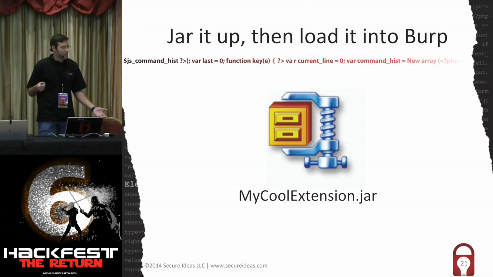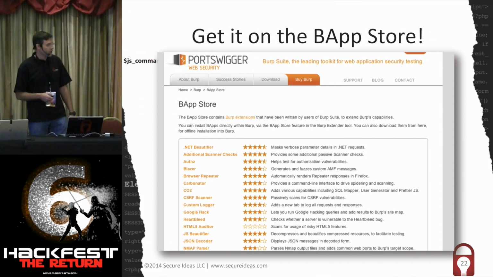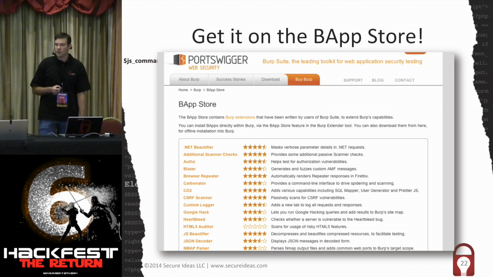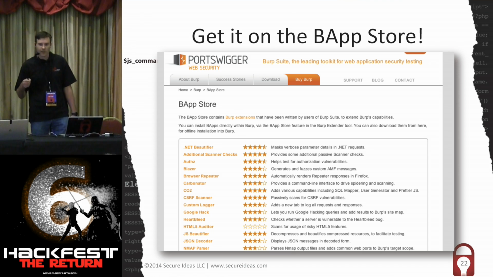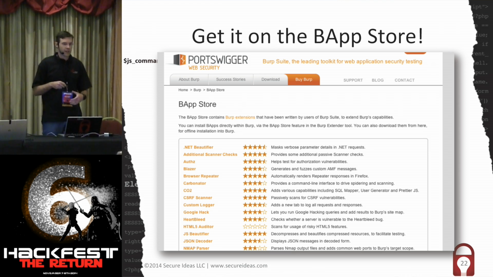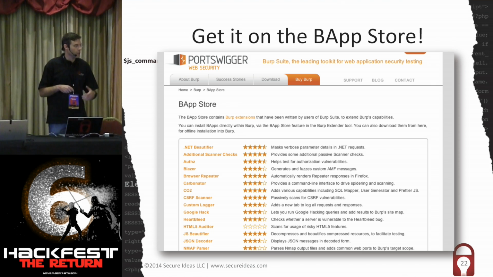Once you have your extension working the way you want, then you can get in touch with PortSwigger, and they'll load it onto the BApp Store, is what they call it now. And the BApp Store actually shows up as a tab inside of the Extender inside of Burp. So you can download a lot of extensions directly in there for additional functionality.